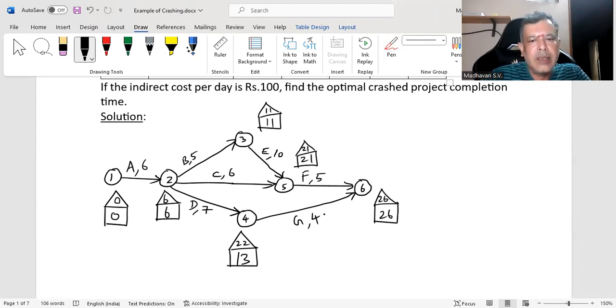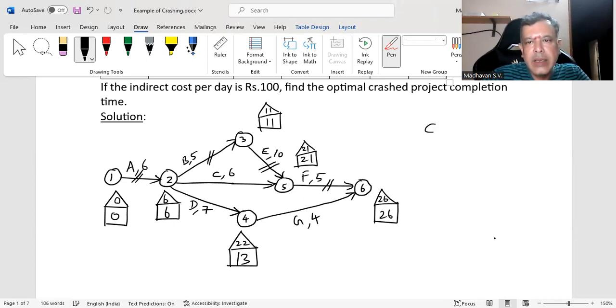Now the critical path is wherever the common numbers are occurring: 0, 0, 6, 6, 11, 11, 21, 21, 26, 26. That means the critical path is 1 to 2, and then 2 to 3, and then 3 to 5, and then 5 to 6.